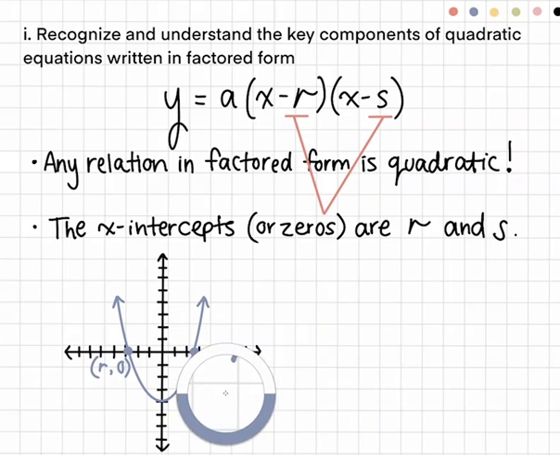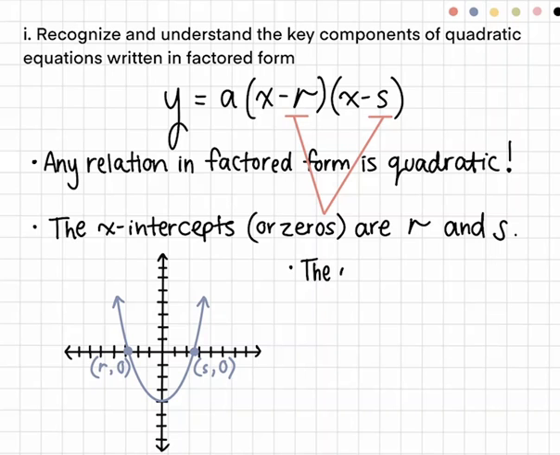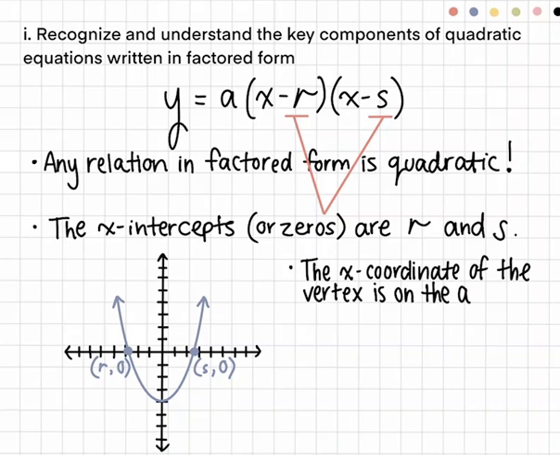Another thing to know is that the x-coordinate of the vertex is on the axis of symmetry. We know this already. We explored this when we were looking at vertex form.